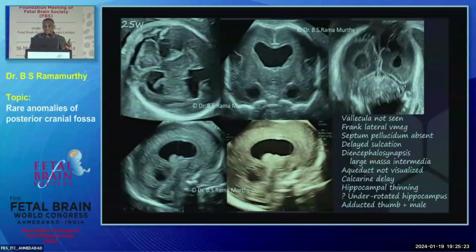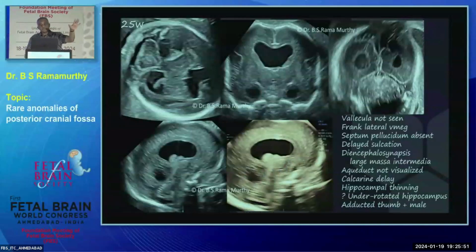No. Instead, the thalami are fused, continuous with each other. You have a small fragment of the lumen there, and that is actually a large massa intermedia or interthalamic adhesion, which is very, very large. And on the mid-sagittal section, you find a large massa intermedia, residual third ventricle that you can see here, telling you that, yes, there is a diencephalosynapsis.